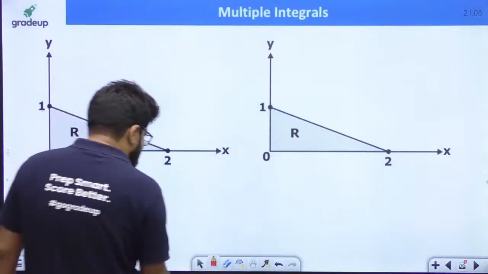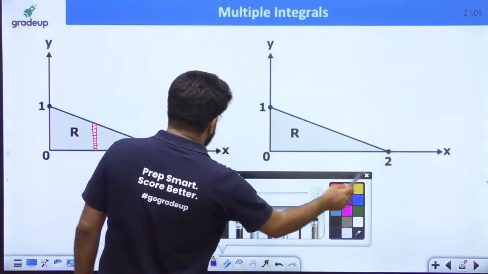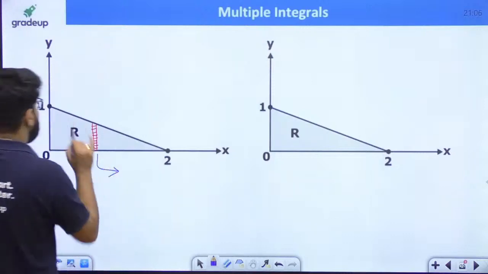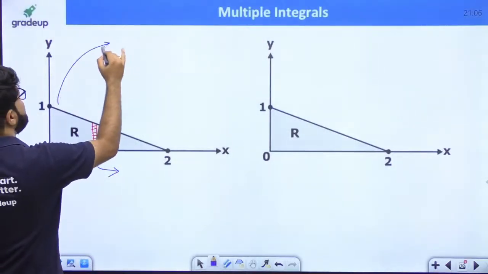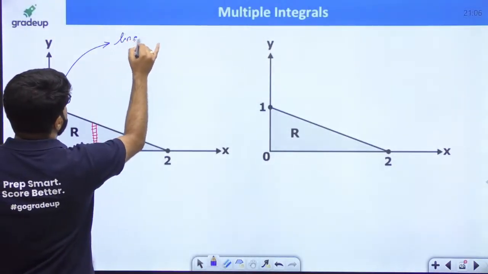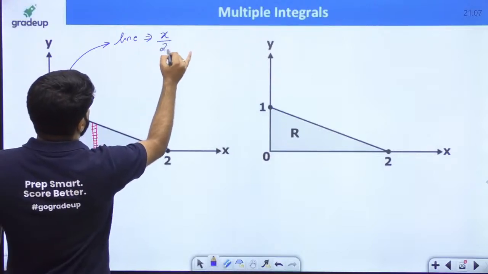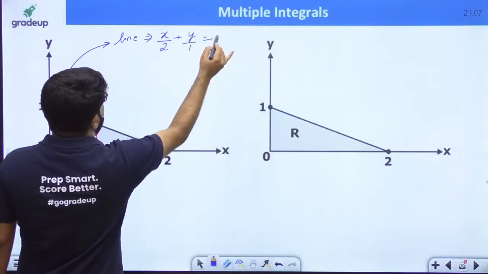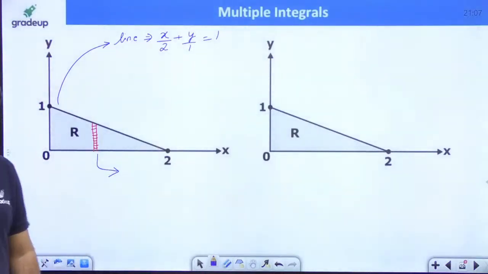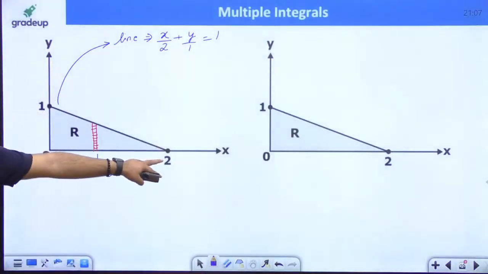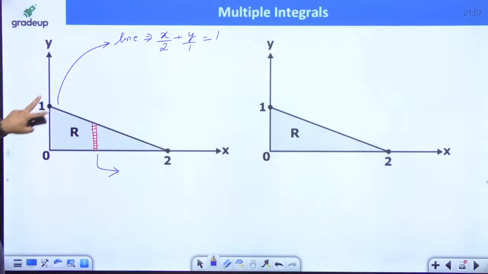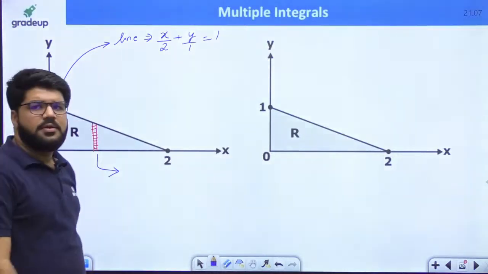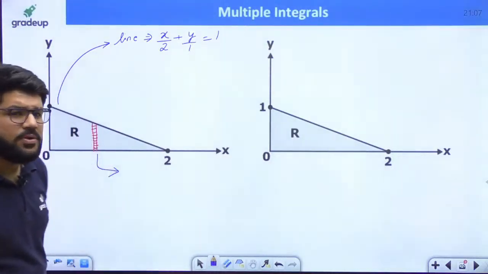That means if I want to write down these limits, the equation of line, I explained to you yesterday, was x by 2 plus y by 1 equal to 1. So, intercept form of a straight line, x by a plus y by b equal to 1.